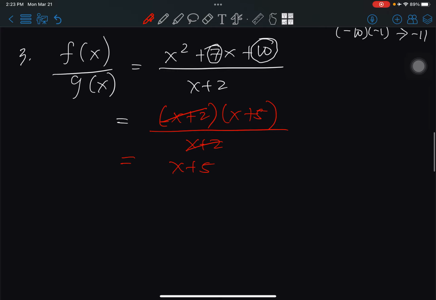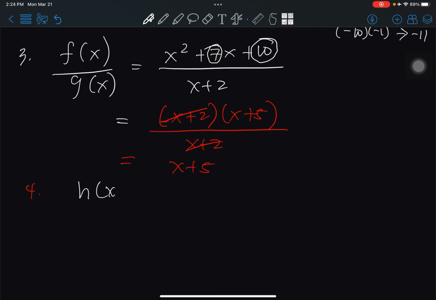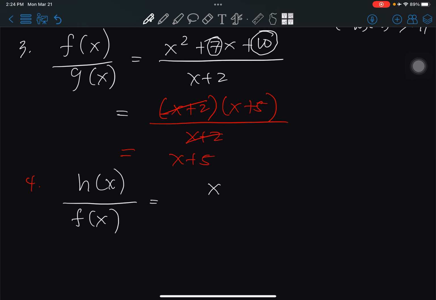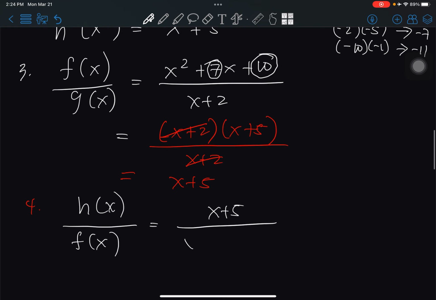Then, how about if we have here, let's say, h of x divided by, let's say, f of x. So here, our h of x, we have x plus 5. x plus 5 all over our f of x, which is x squared plus 7x plus 10.